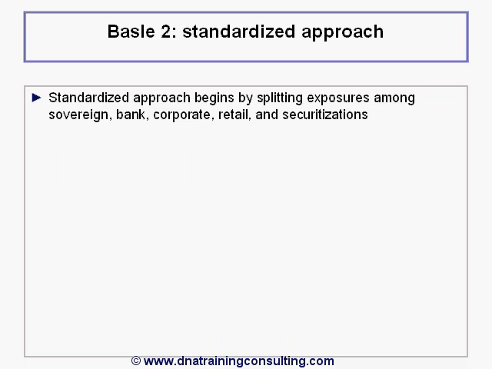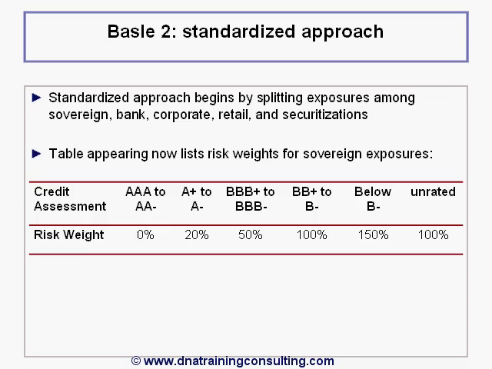The standardized approach begins by splitting exposures among sovereign, bank, corporate, retail, and securitizations. The table appearing now lists the risk weights for sovereign exposures.